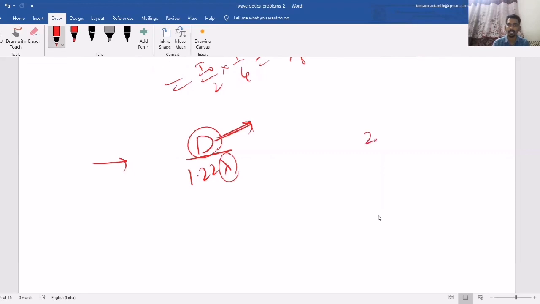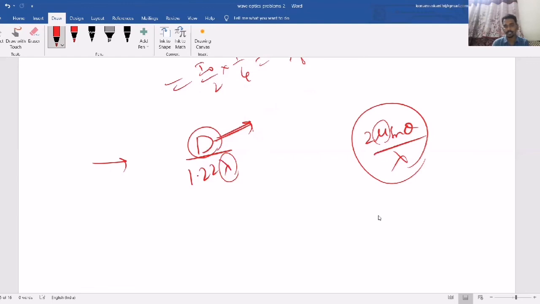And 2 mu sin theta by lambda is the resolving power of a microscope, where mu is the refractive index of the medium between the object and the objective lens, and theta is the angle made by the object at the objective lens.